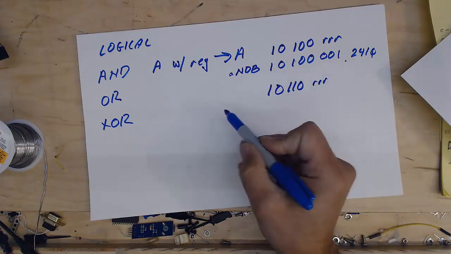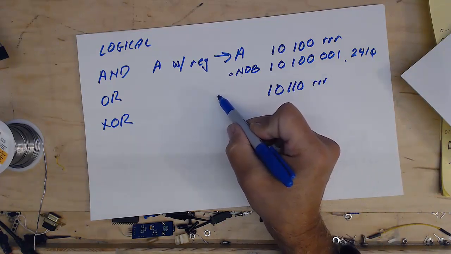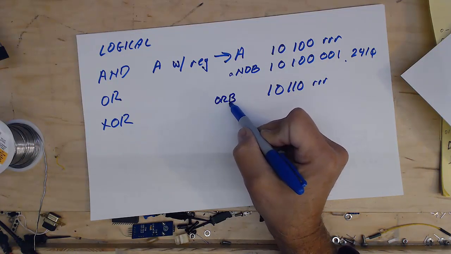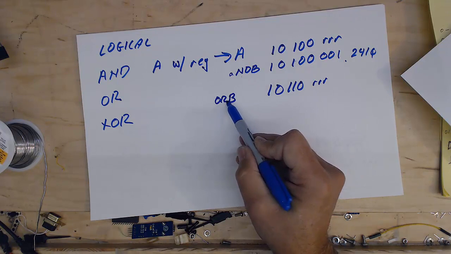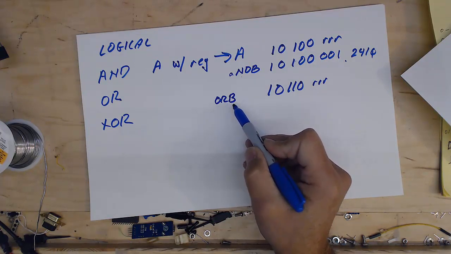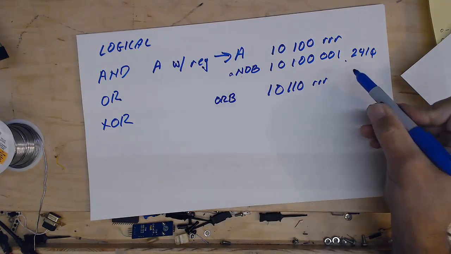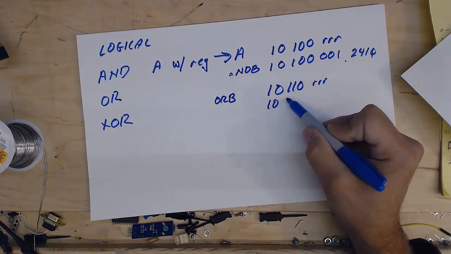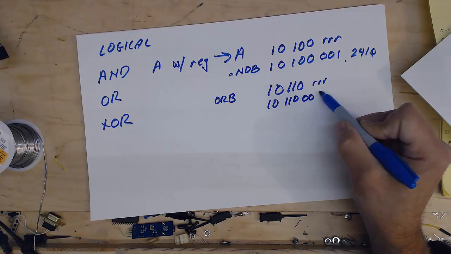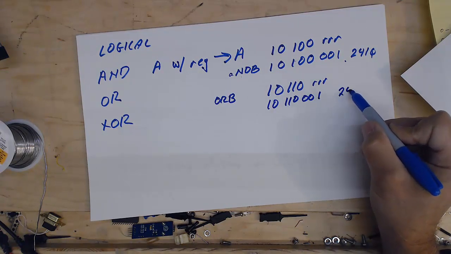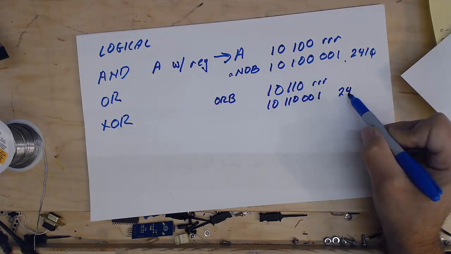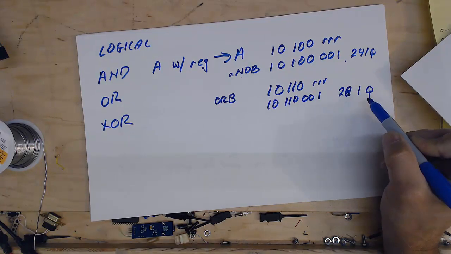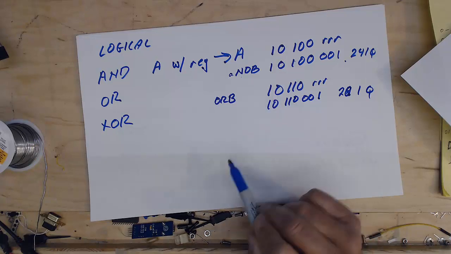So if we're going to do the same thing, if we're going to OR A with B, so we're going to OR A, the A is implied, with B, because A is the only thing that we can register with, then that's going to be a 1, 0, 1, 1, 0, 0, 0, 1, or 2, 6, 1 is going to be OR A with B.